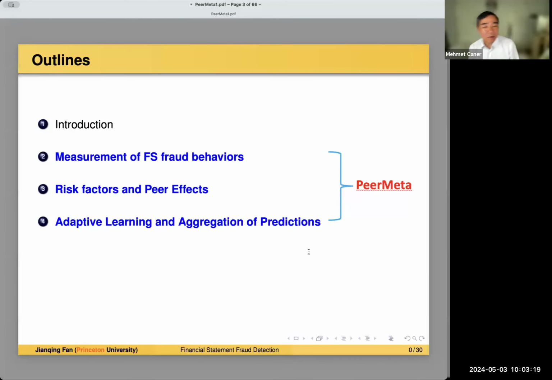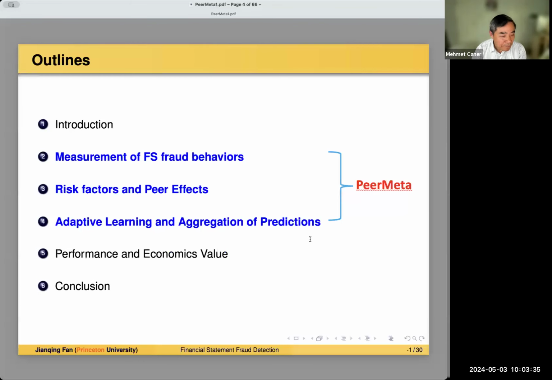All those three components, from measuring Y variables to measuring X variables, which take into account peer effects, and the algorithm for detection, we call Meta. Meta is a meta learning algorithm. Then I'll talk about performance and economic value.